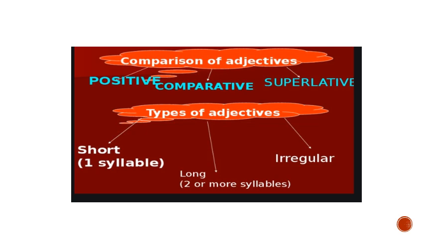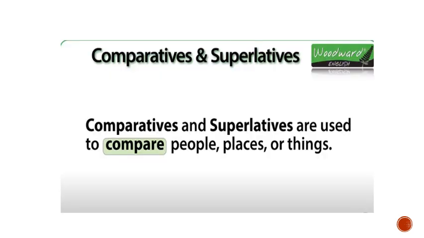And the third one are irregular adjectives, janë mbiemrat e parregullt. But when do we use comparatives and superlatives? Comparatives and superlatives are used to compare people, places, or things. Pra, shkalla sipërore dhe krahasore përdoren për të krahasuar njerëz, vende ose gjëra.